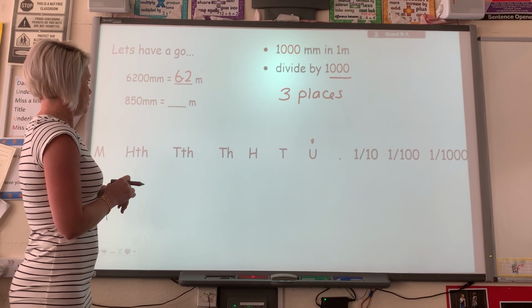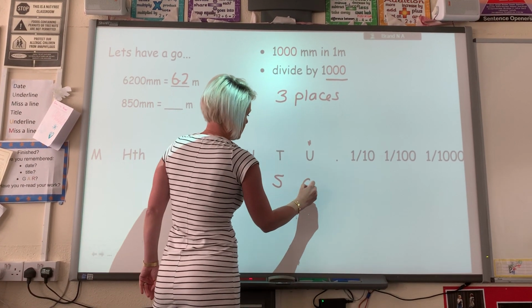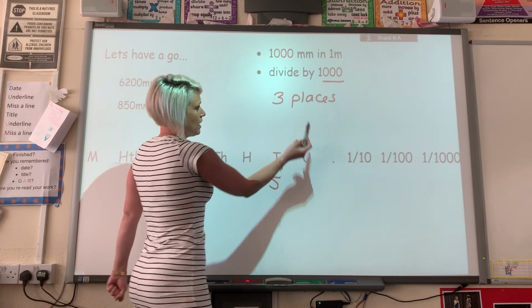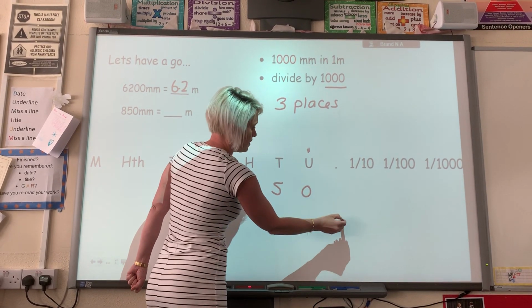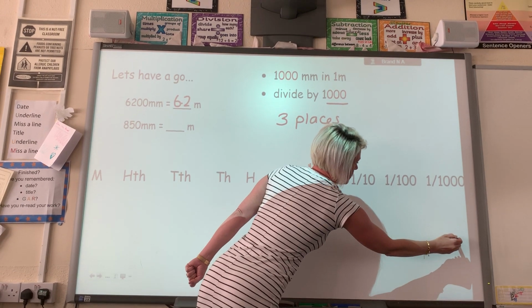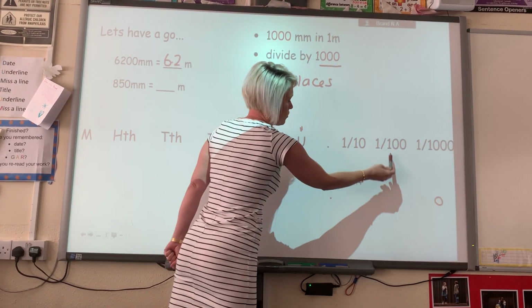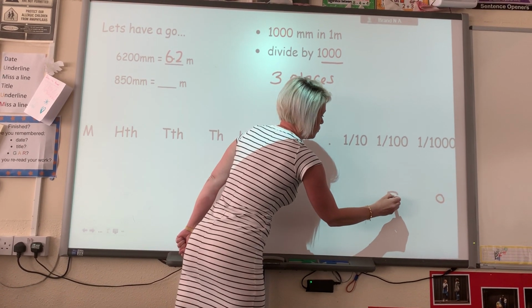The next question asks us to convert 850 millimetres into metres. So again, we're dividing by 1,000, so we're jumping 3 places. My 0, 1, 2, 3, down into the thousandths. My 5, 1, 2, 3, into my hundredths.